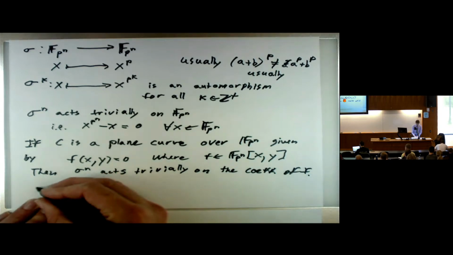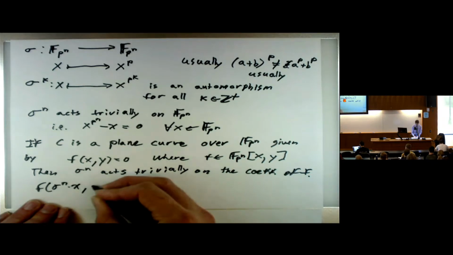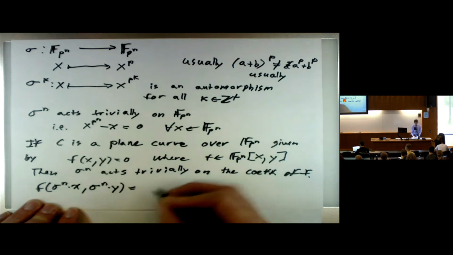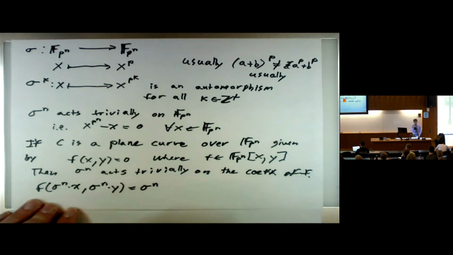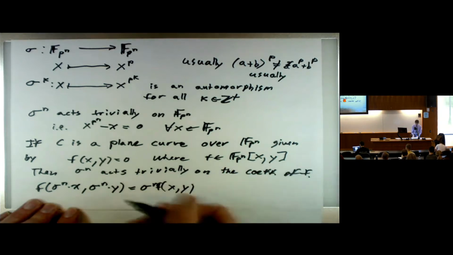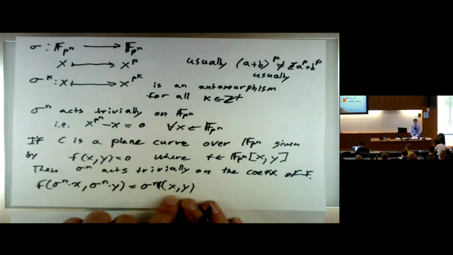And so if I take f(sigma^n x, sigma^n y), I can pull out sigma^n, well, sort of thinking of it backwards. So think about it going this way. If I apply sigma^n to this polynomial, it first can be distributed to each term individually. It can be distributed to each product individually.